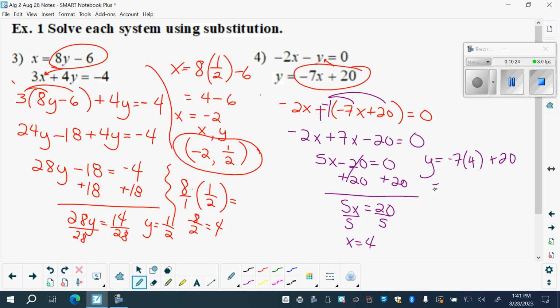And we get negative 28 plus 20, which equals negative 8. So almost done. We want to write our answer as a point. So 4, negative 8 would be our solution. Lots of places to make mistakes on this, huh? So you just have to be careful.